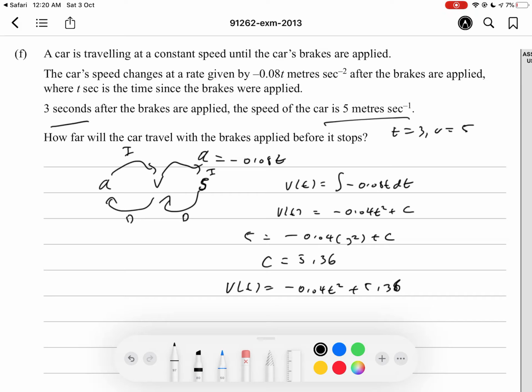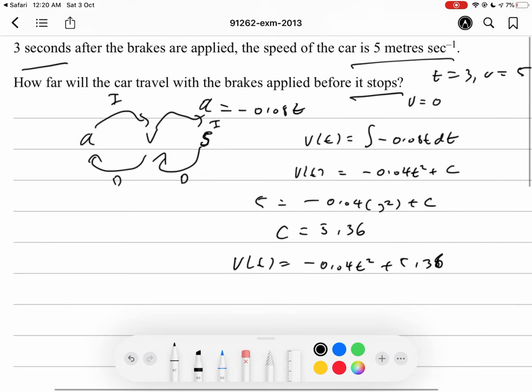Alright, so now we need to find the distance traveled before it stops. We know that when the car stops, that's when v equals 0. So when v equals 0, we can find how long it will take for the car to stop, and we can find how far the car has traveled in that time. So basically, we need to substitute v equals 0 to find how long it takes before the car stops.